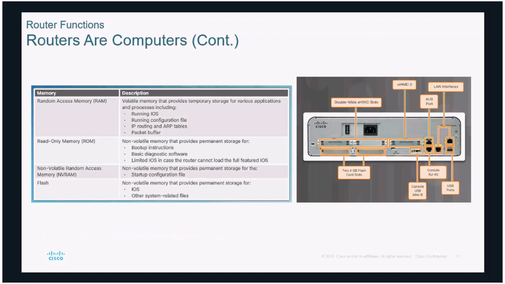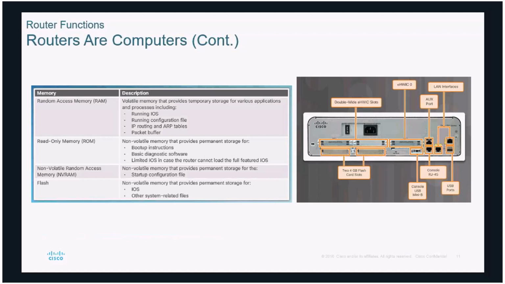Okay, so memory, we've got random access memory at the top. Volatile, temporary storage, runs the IOS, running config, IP routes, ARP tables, and packet buffer. The ROM, non-volatile, permanent storage for boot, diagnostics, and limited IOS.